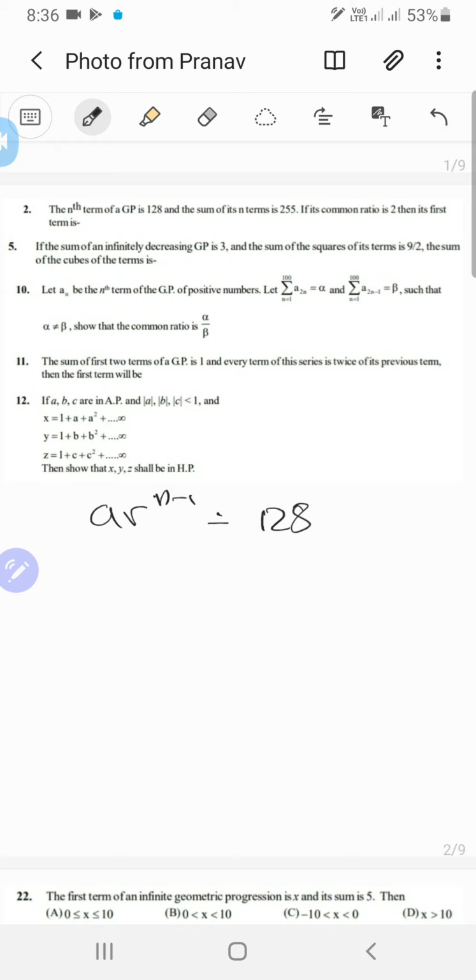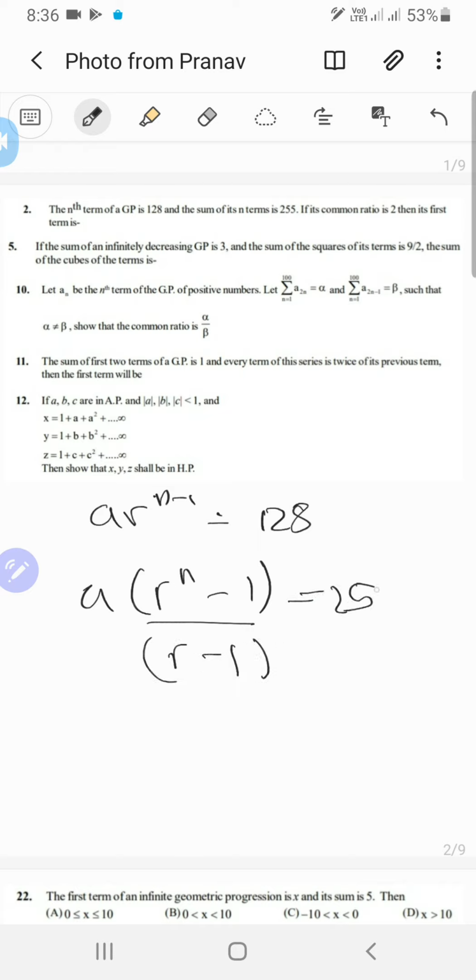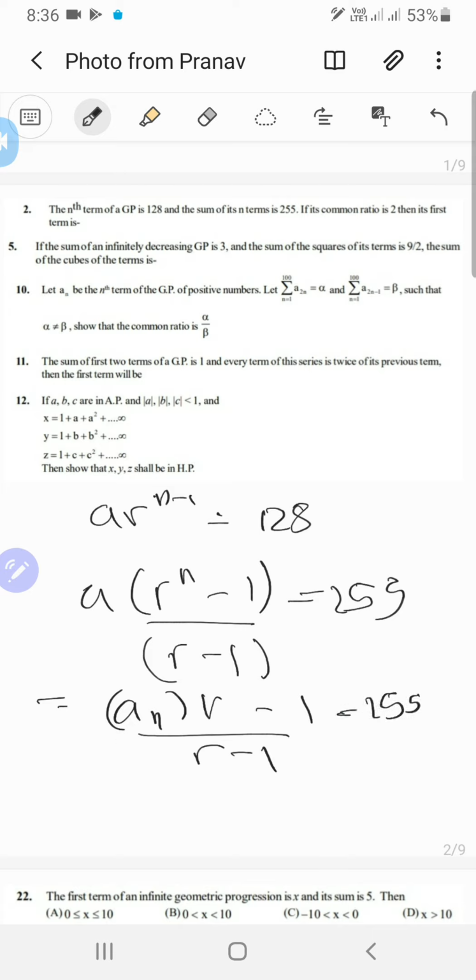The sum of the first n terms is going to be a into r to the n minus 1 upon r minus 1. That's supposed to be equal to 255, which can also be written as the nth term times the ratio minus 1 upon r minus 1, which is 255. So you can just put that in there.